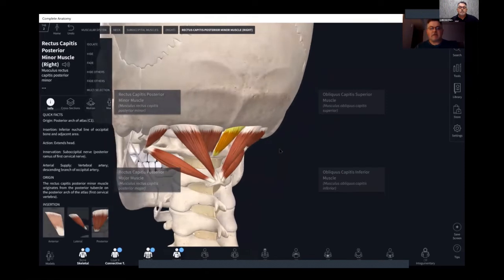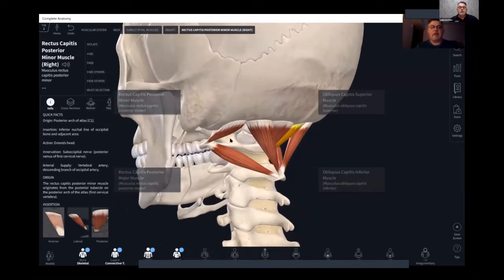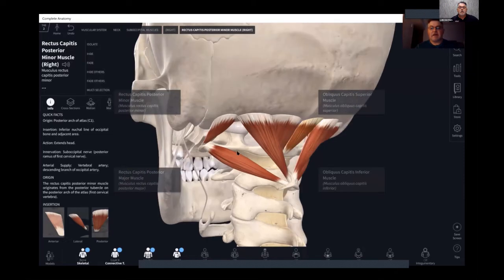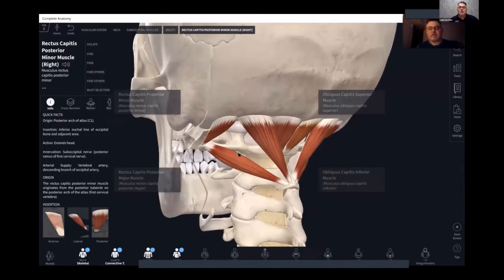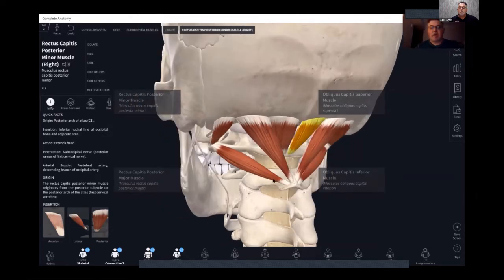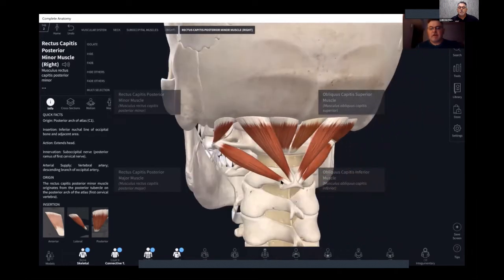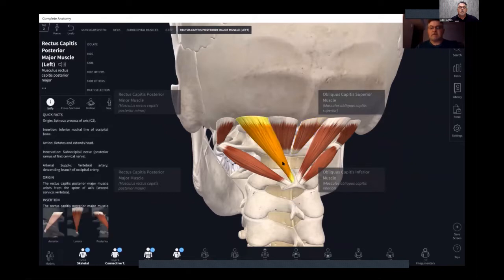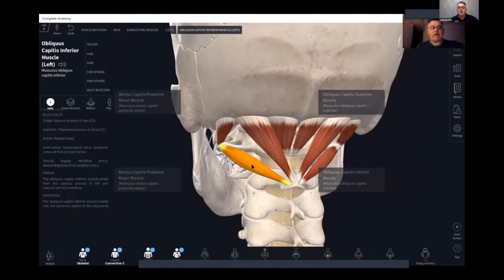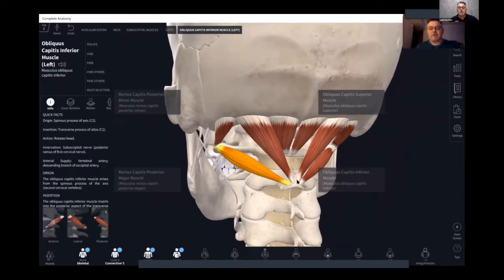So let's look at some of the three-dimensional aspects of these. You'll notice there's a lot of similarity in origin and attachment of these small little muscles. You can see on the spinous process of C2, we have both Rectus capitis posterior major and Obliquus capitis inferior attached to that.